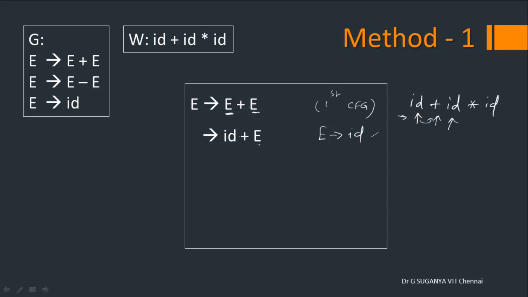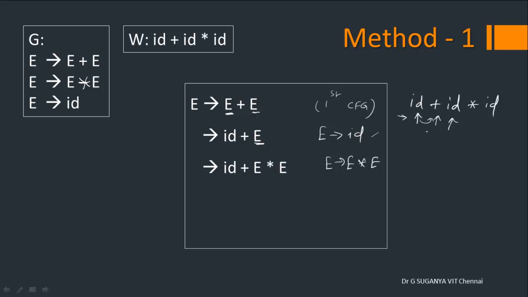If you substitute E by id again, the rest of the word cannot be obtained, and hence we have to use E gives E star E to map it with the required word, and this E will get expanded using this production. Sorry, instead of this minus you assume it to be star. Yes, this is star, and now this E gets expanded to E star E.